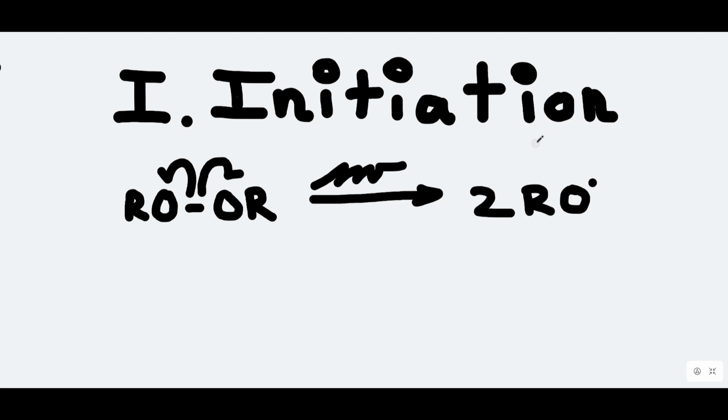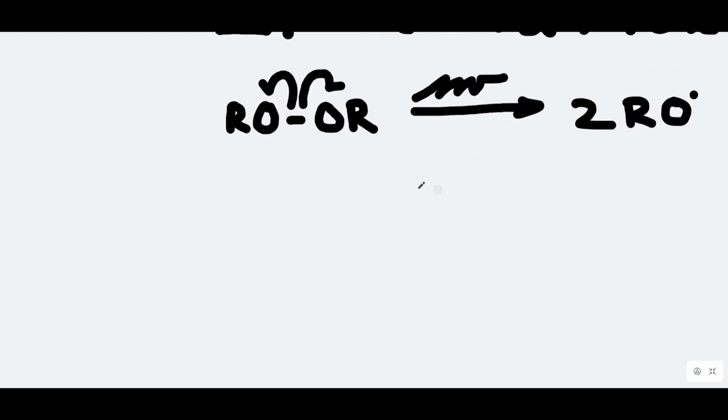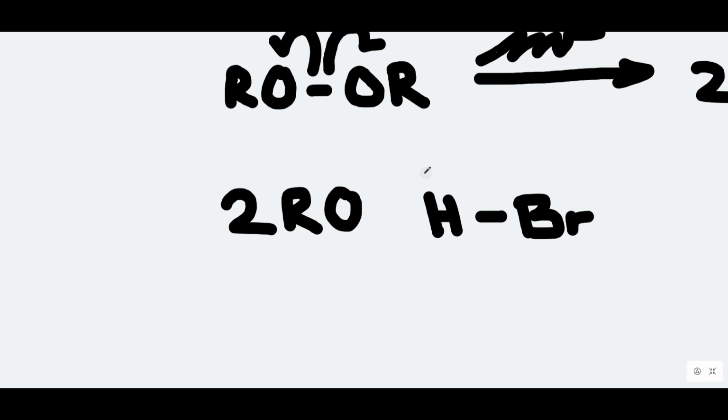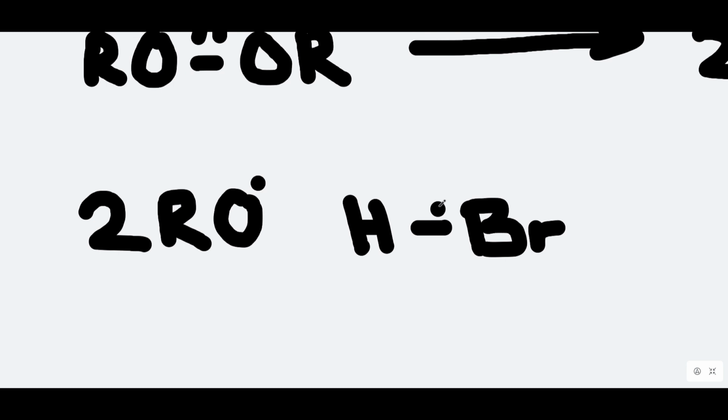So once we have these two radicals, we can continue to create our bromine radical, which is really what we're after here. So I'm actually going to do it down here to show the formation of our bromine radical. Remember, we do have HBr. And this is how we're going to produce our bromine radical. We're first going to start off by putting an arrow to the bromine. This is what's going to actually give us our bromine radical.